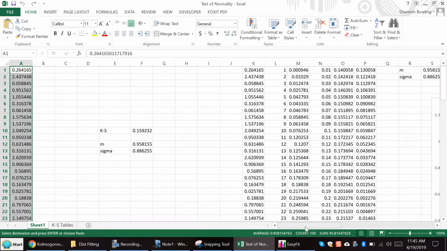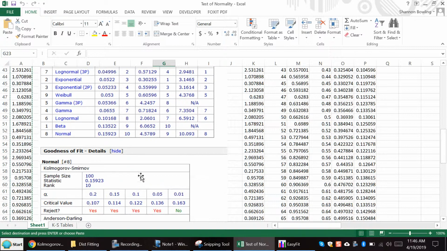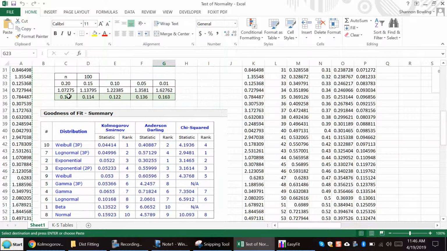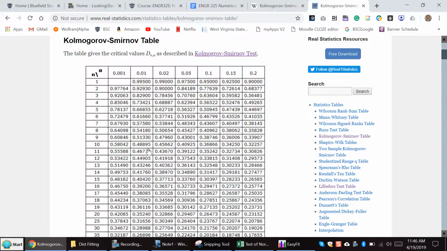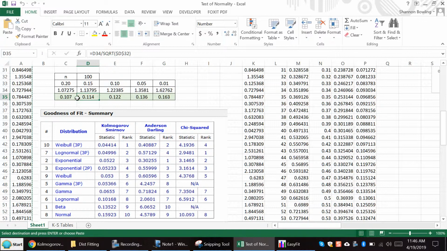So first of all, I'm going to explain where these numbers come from. These numbers come from me simply plugging into the equations that were provided, these equations down here. Because my sample size is 100, so it's over 50. So if I literally plug in using these formulas, you see how I just plug into these formulas here.